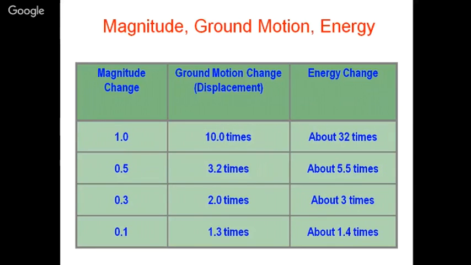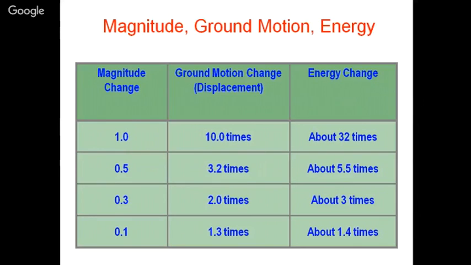That is, the magnitude varies from 6.9 to 7. And if the magnitude changes by 0.3, the ground motion changes 2 times, but you can see that energy changes 3 times.